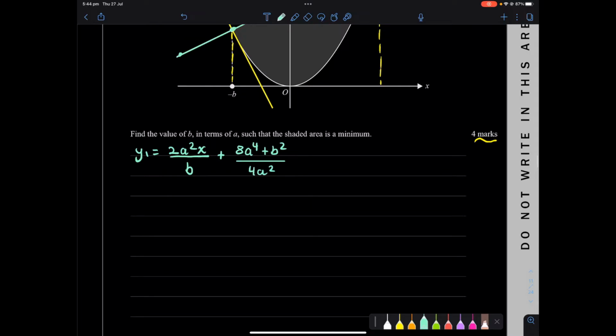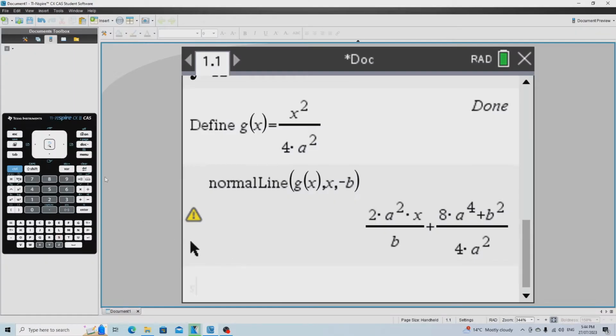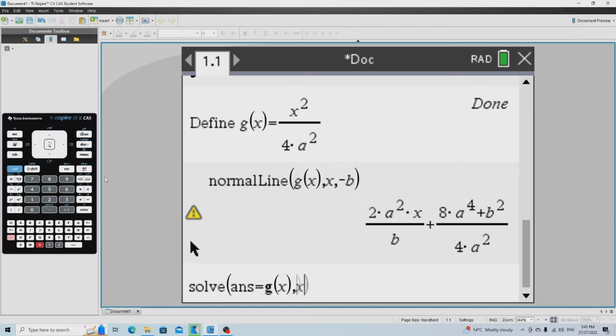So we want to solve for y1 equals g of x for x. By doing that in our calculator, we say solve, answer equals g of x, comma x.